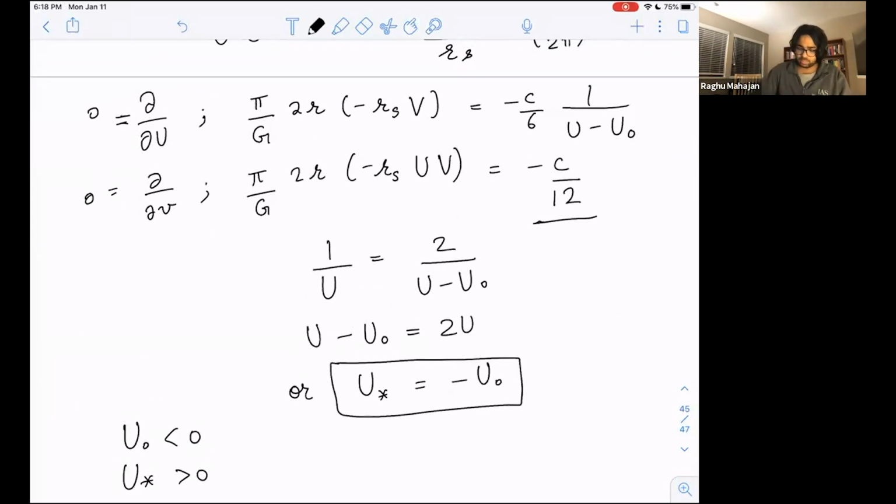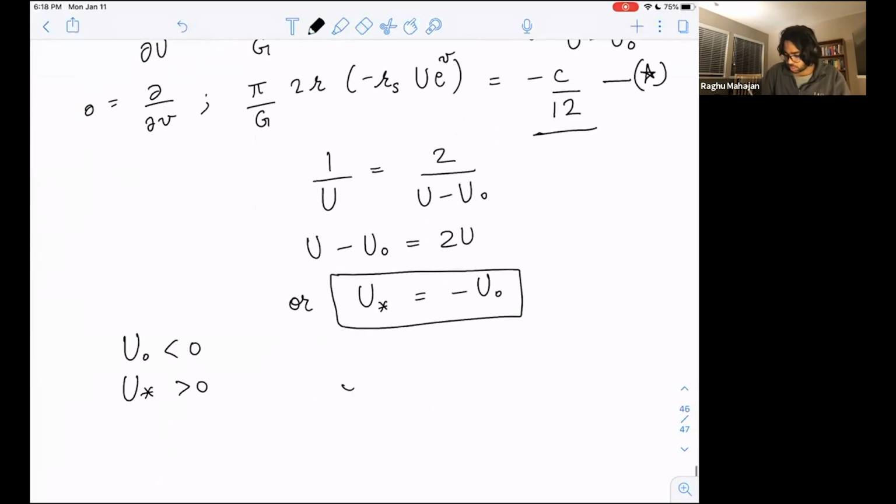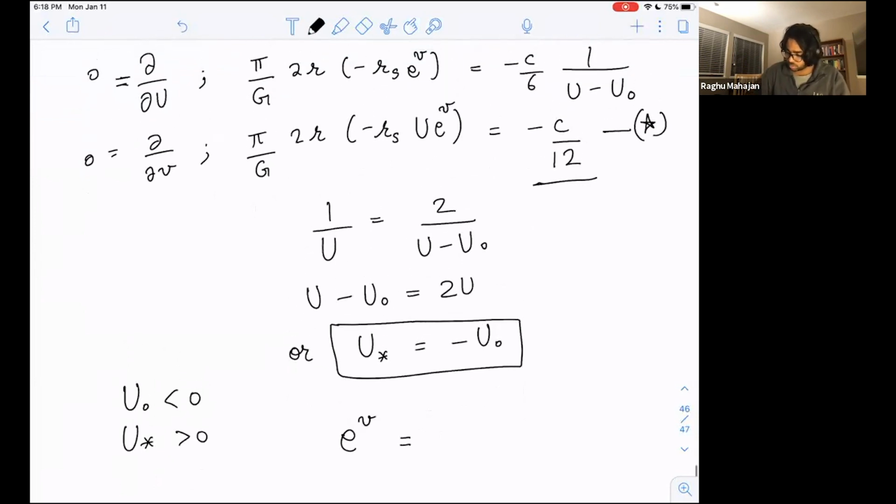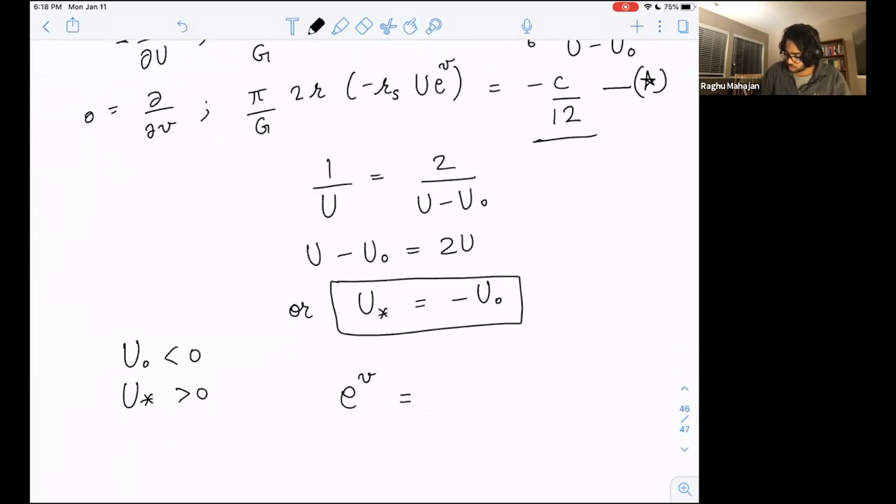Once we have this, we can see from the second equation what the value of little v is going to be. Capital V is e to the little v. So e to the little v is of order c over S black hole.